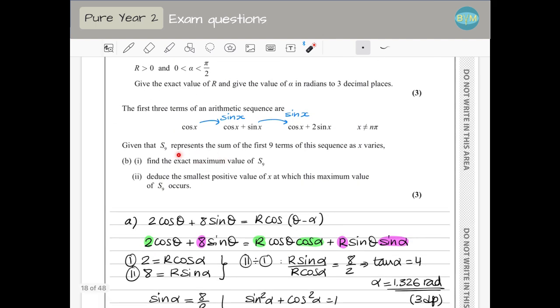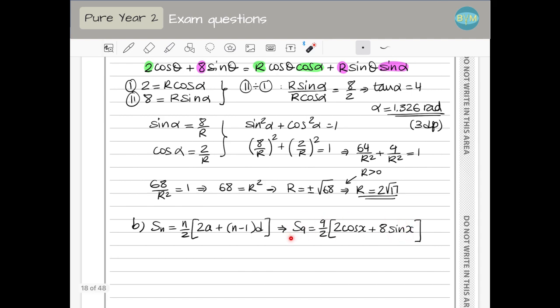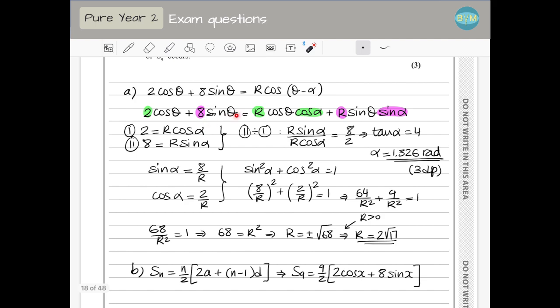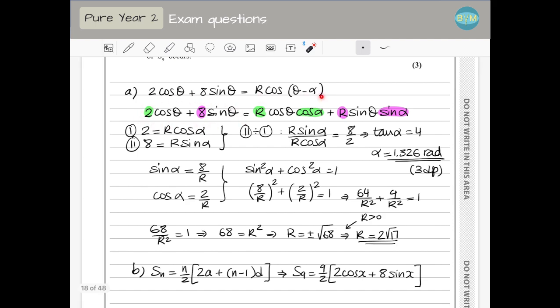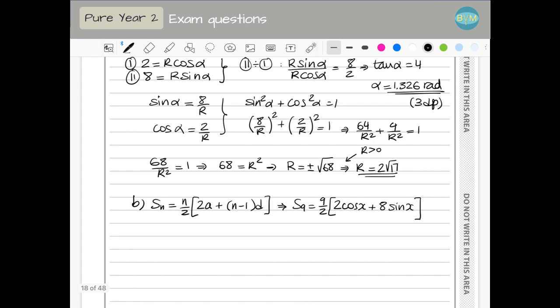The exact maximum. If you look at this expression, you can see that this is precisely what we have written here as r cos, which means we can write the S9 expression. So S9 is going to be 9 halves, and instead of writing this, we are going to write r cos.